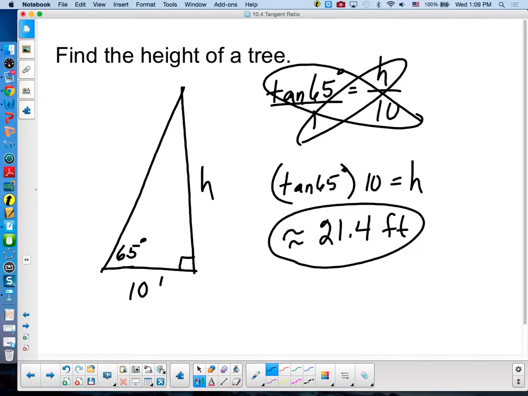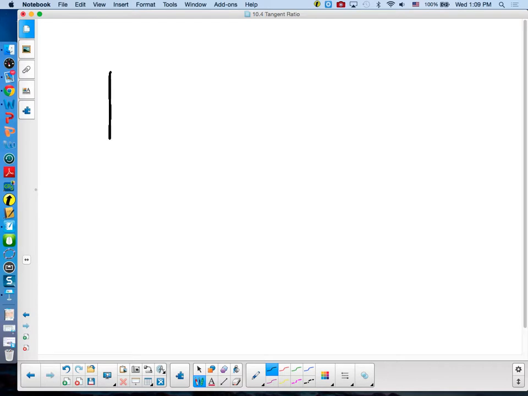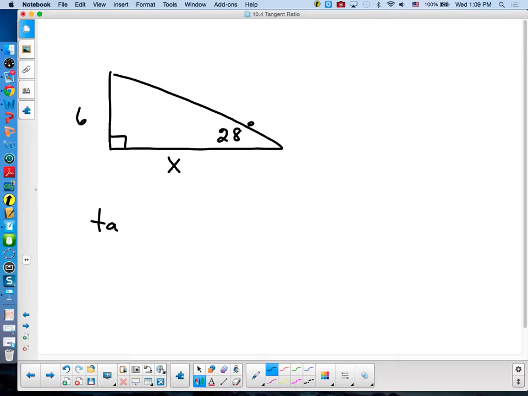Okay. Let me just mention an example before I have you work, because I didn't do one where it's like this. Let's say this is a 28 degree angle. Notice if I set this one up, tangent of 28, what over what? 6 over x.